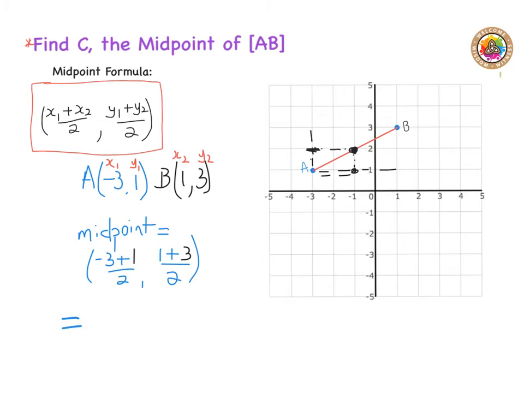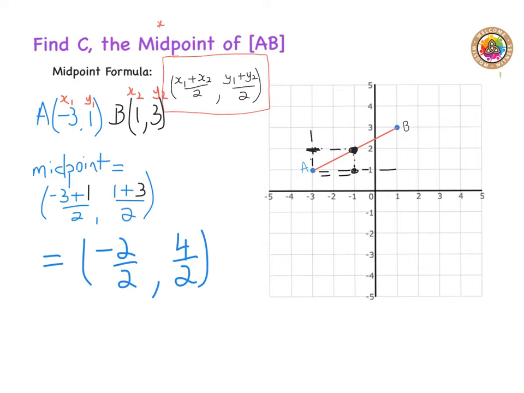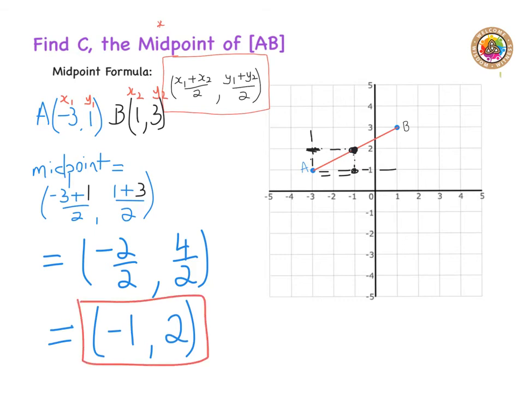Okay, and very simply tidying that up, -3 plus 1 is -2 divided by 2, and 1 plus 3 is 4 divided by 2. And so that's equal to -1, and 4 divided by 2 is 2. And so that's our answer for the midpoint. And just to confirm it, -1, 2, well, here is -1, and there's 2. So we're correct. C is equal to -1, 2. And I need to just write the C down there.